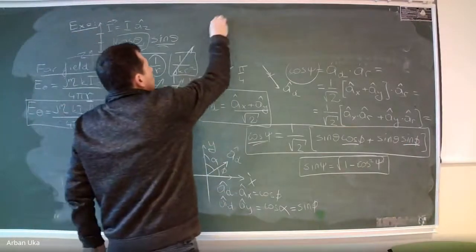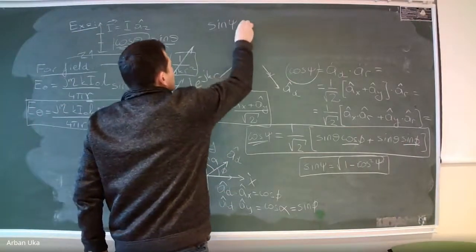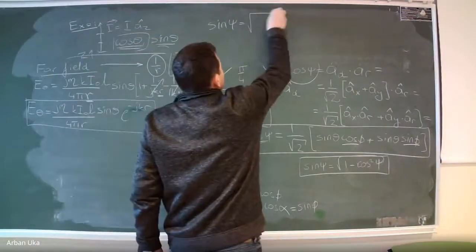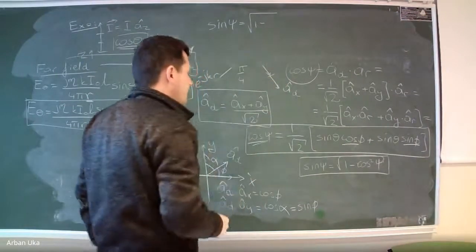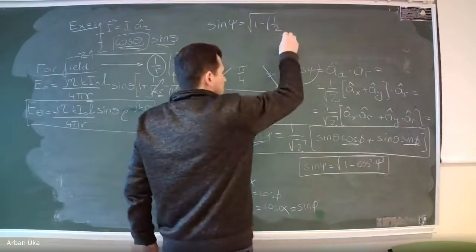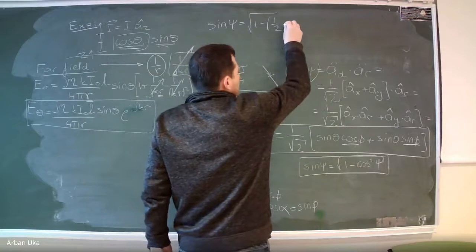Sine psi is 1 minus cosine squared, so this is going to be equal to 1 minus 1 over 2 sine squared cosine phi squared.